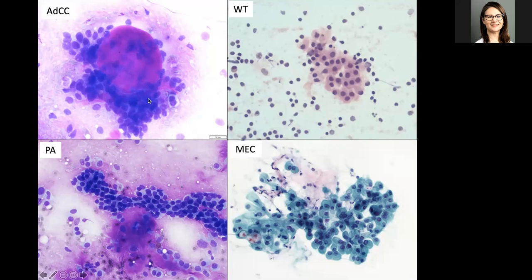And you can see that there are some similarities in terms of these monomorphic, very blue cells in the background with round to oval nuclei and fine chromatin. And then this eosinophilic stromal material. Subtly, in the pleomorphic adenoma, the eosinophilic stromal material is a little more fibrillary, like it's poking out.